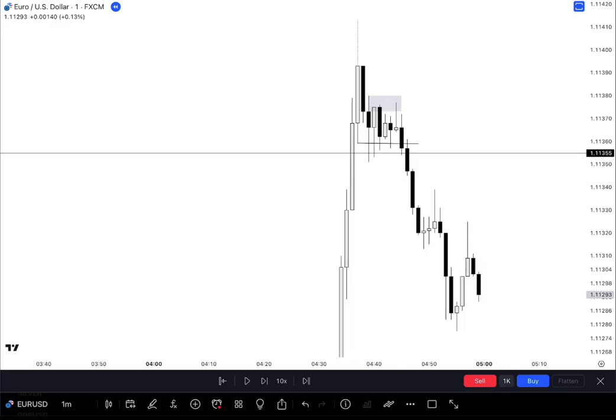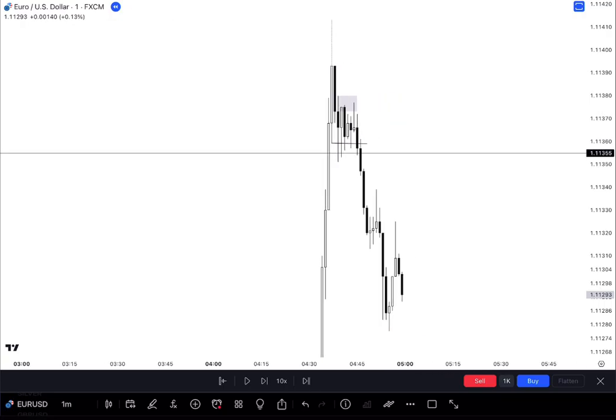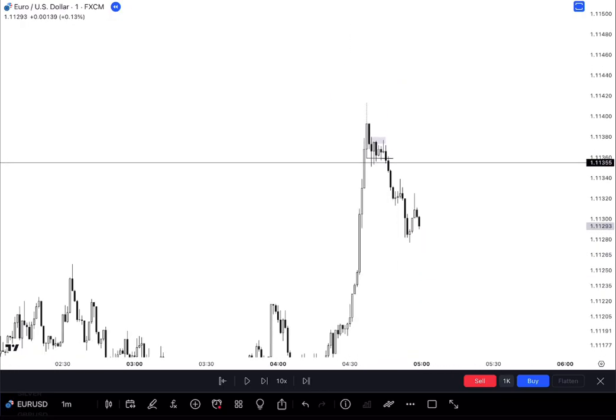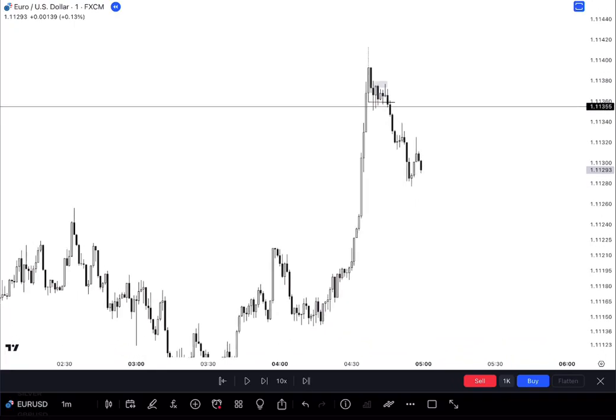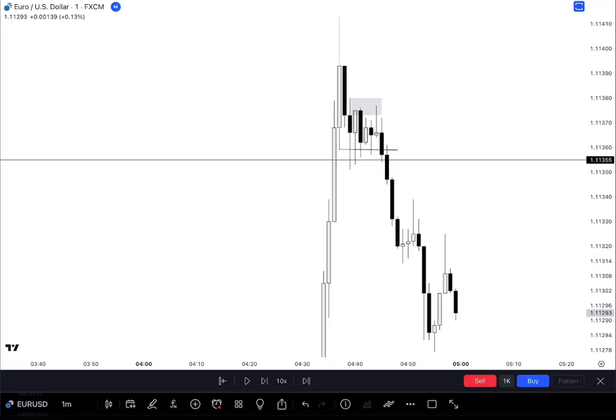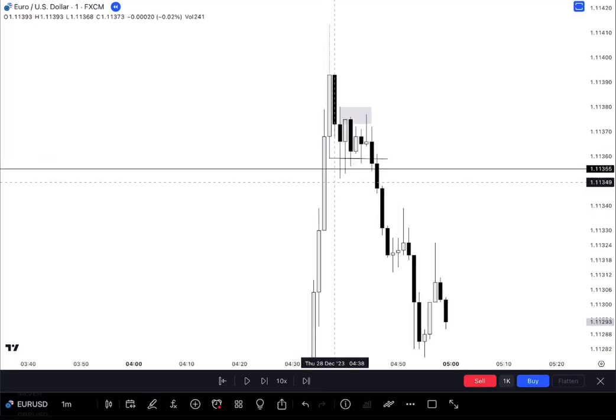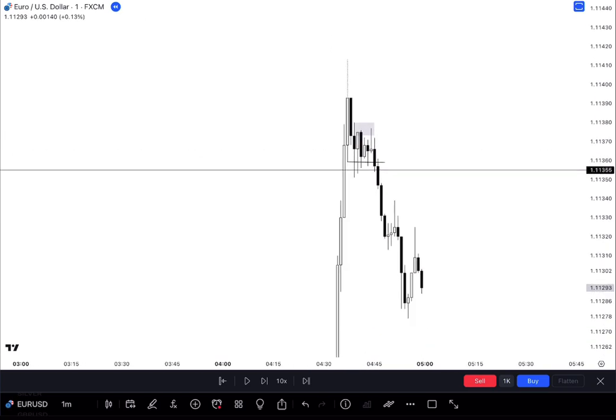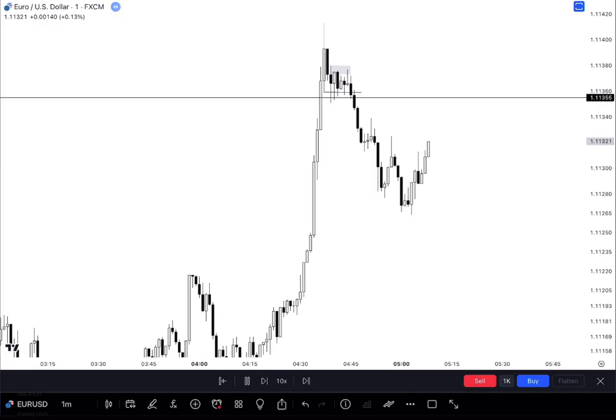So as soon as we closed below this, then a sell is valid. I entered over here. As soon as you wicked below this one, that was my entry, and you wait for it to chop and then explode to the downside.